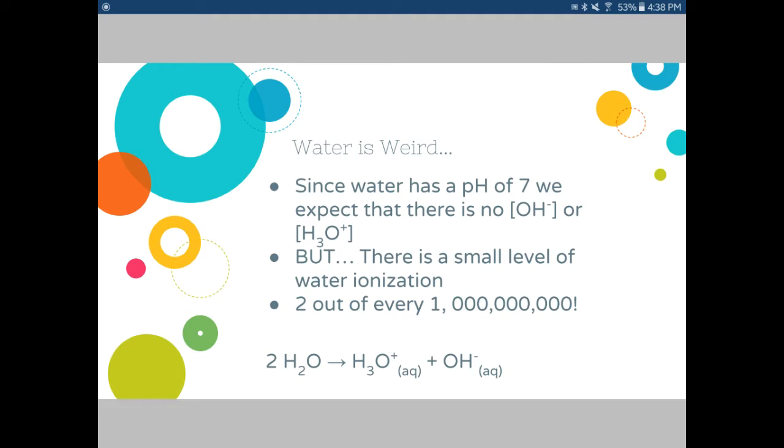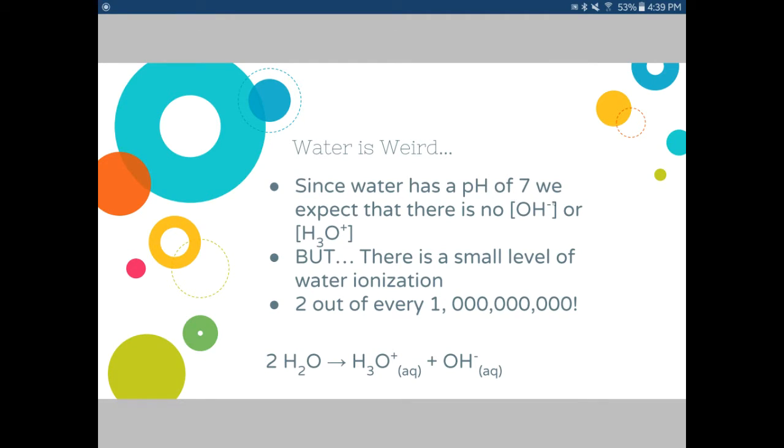So this means that there has to be a small level of ions in our water, which is really weird. And this is pure water, not tap water that has ions dissolved in it like calcium ions or chloride ions, whatever it might be.